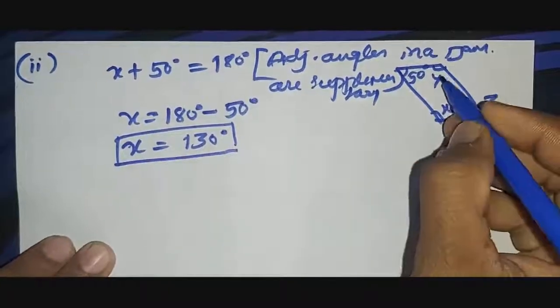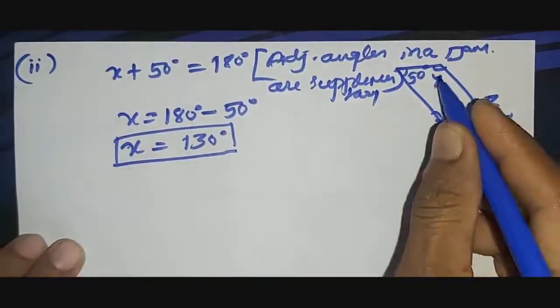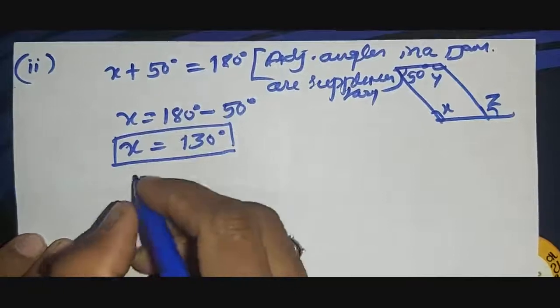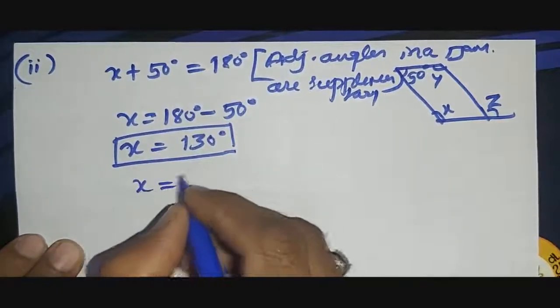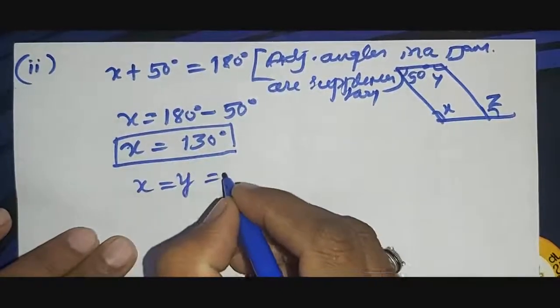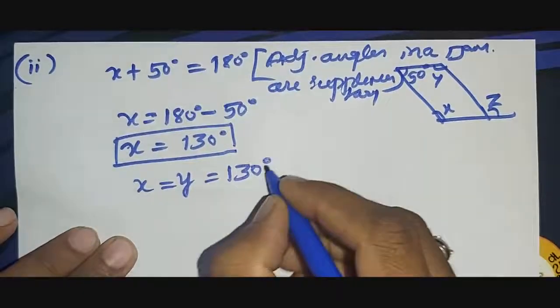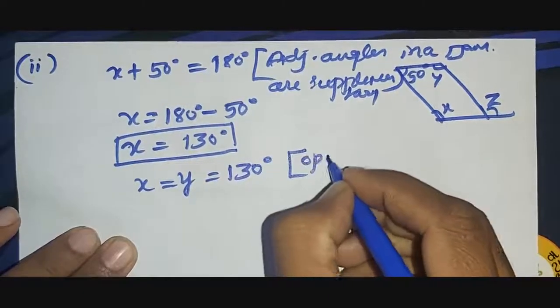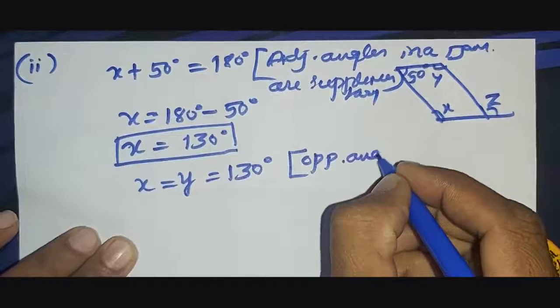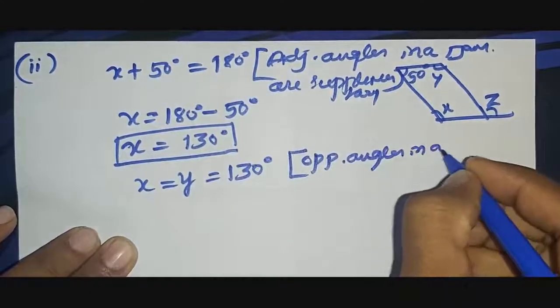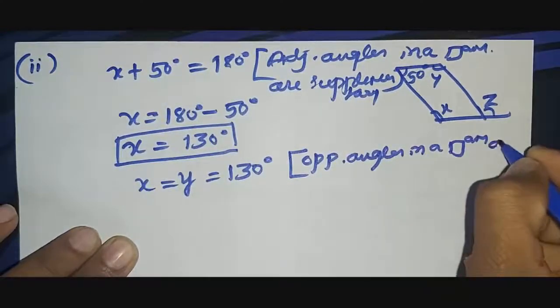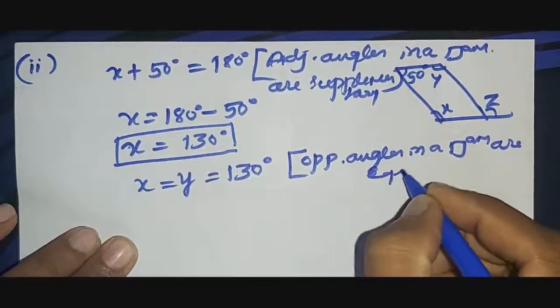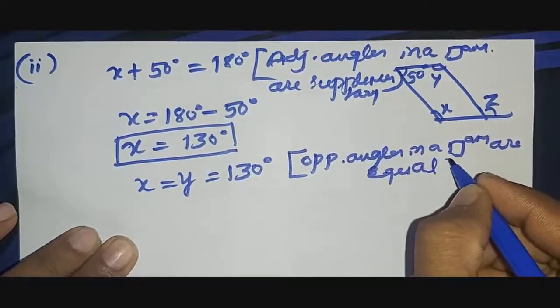Here you see x is equal to y. So x is equal to y is equal to 130 degrees, since opposite angles in a parallelogram are equal.